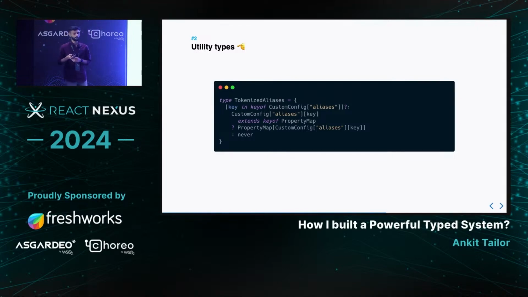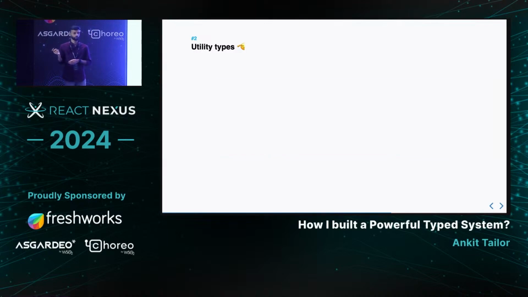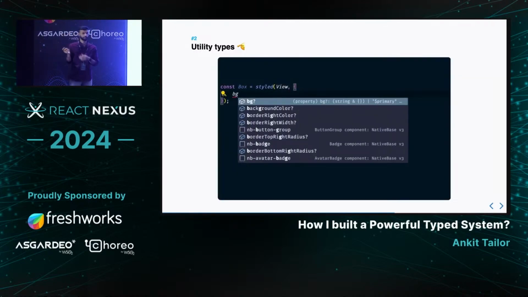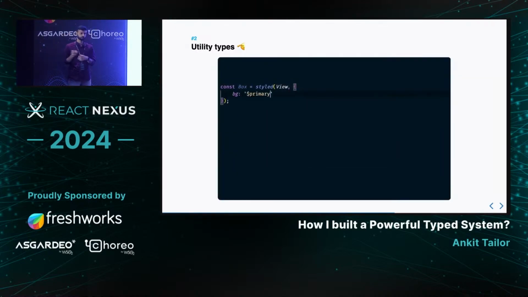If so, I'll assign that particular token scale, otherwise I'll assign it as never. Now, why assign never? Because you may want to do some filtering, or maybe you want to remove that prop altogether. So that was about utility types, and here we are getting all aliases and tokens.